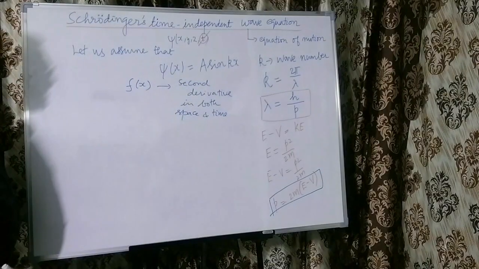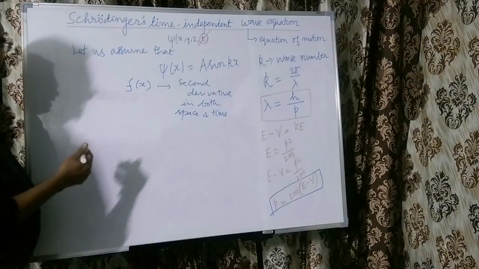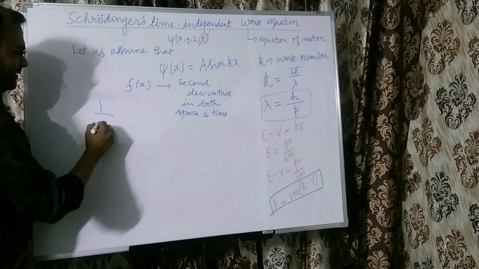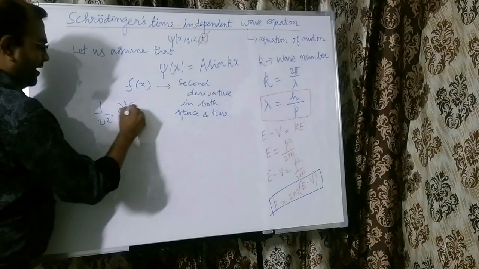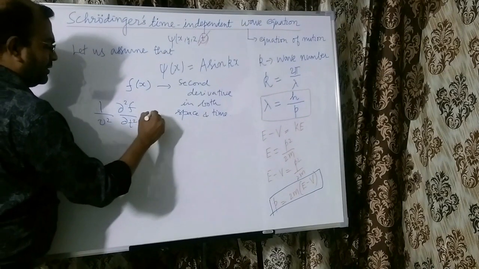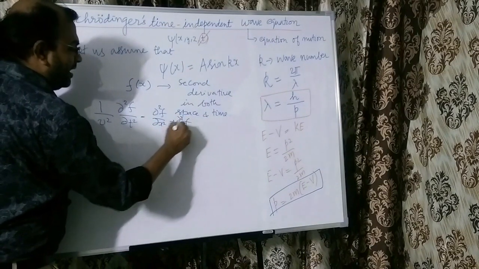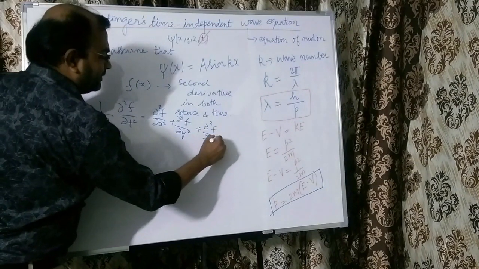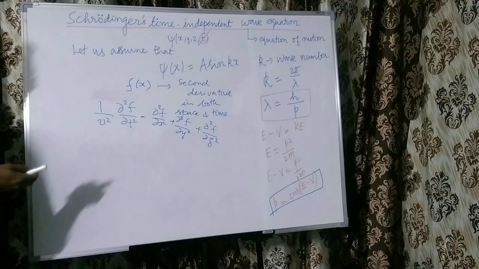That is the general form of any wave equation, for example, representing waves in the ocean. Therefore, under such circumstances, one can write a general wave equation as 1 by v squared, where v is the velocity of the wave, dou square f by dou t square is equal to dou square f by dou x square plus dou square f by dou y square plus dou square f by dou z square.